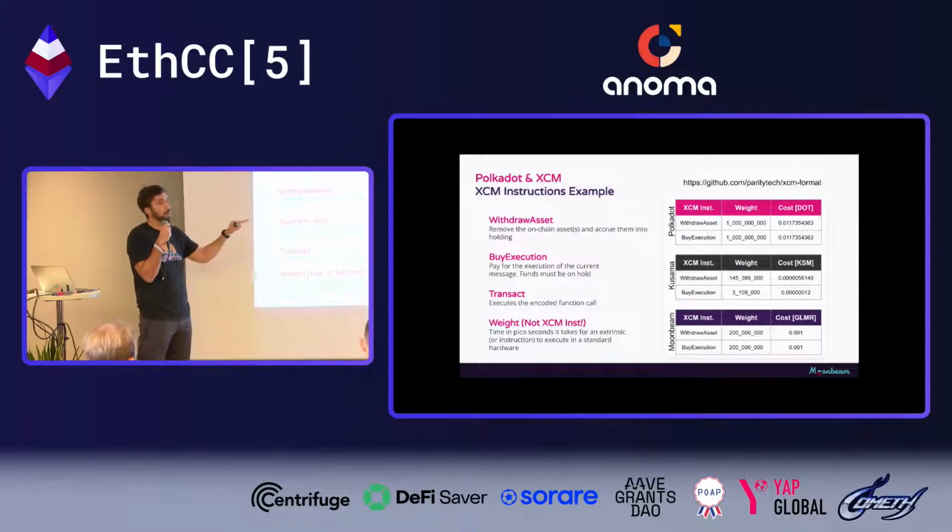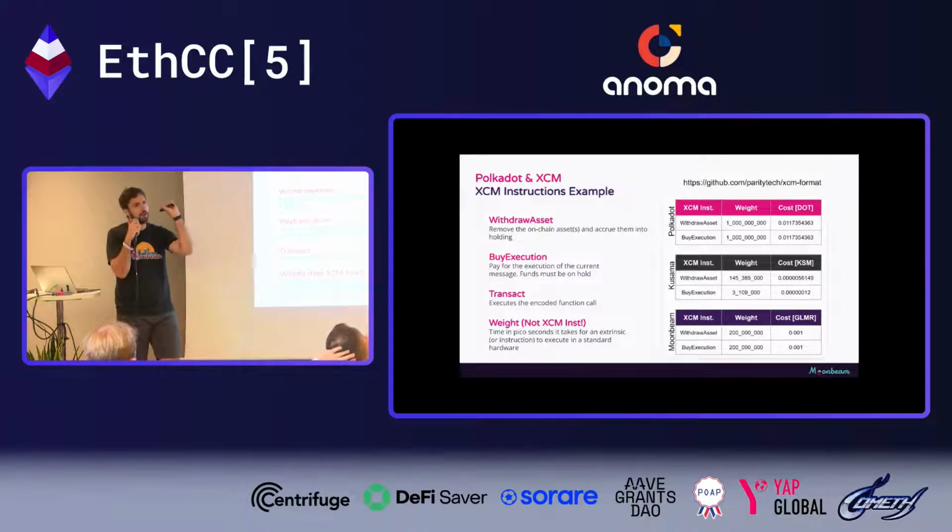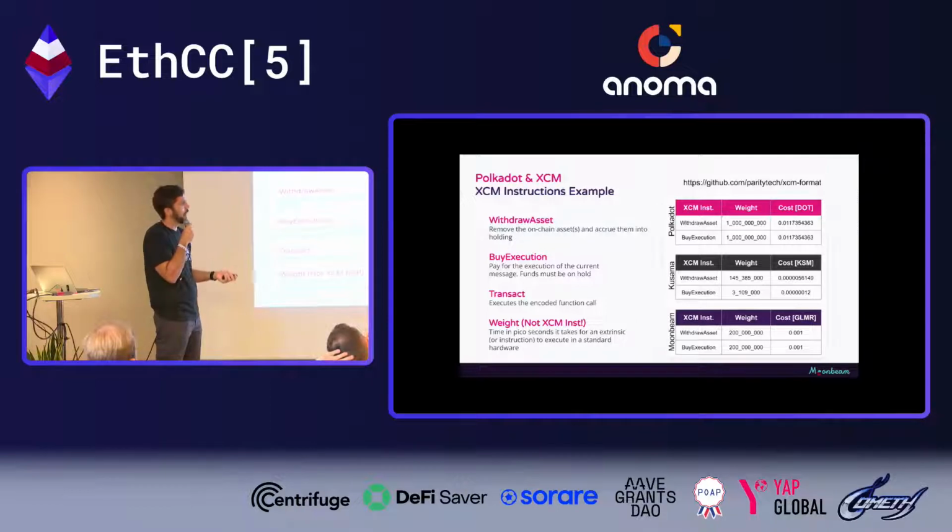So this is what is called benchmarking. They benchmarked the amount of time that withdraw asset takes on Kusama, but they've not done it on Polkadot, so they just say, okay, because we don't know, we're going to put a large number just to make sure that people cannot cheat the system, right? And so that's why you see a huge gap in weight. The idea is that in the future, they will do it and they will put a more realistic number here.